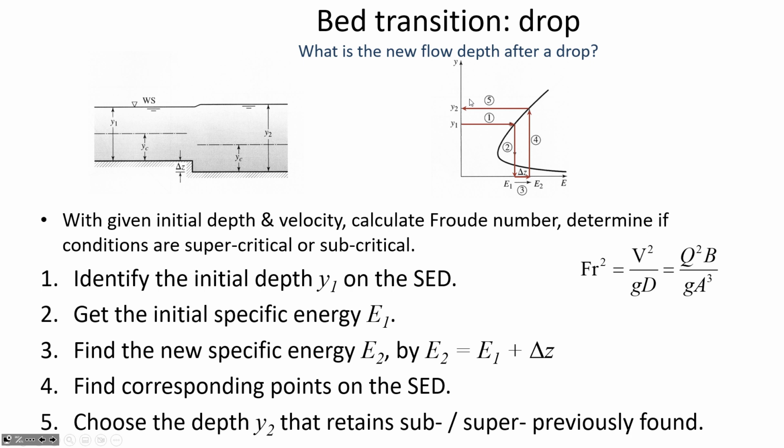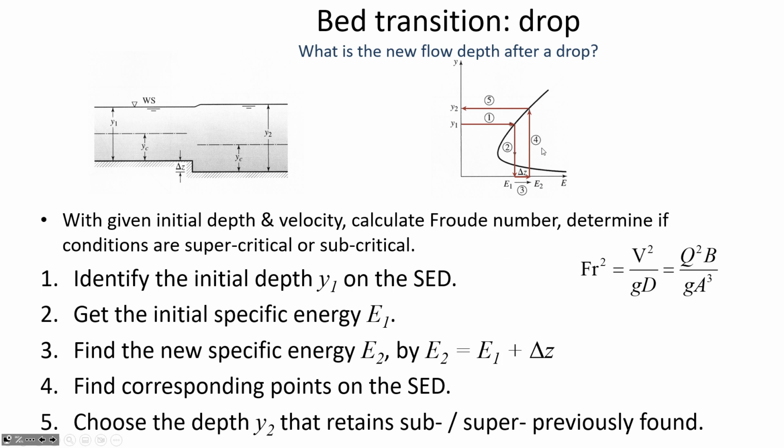So we could say that if we're trying to find Y2, we need to know how much energy there was at 1, add delta Z, and then solve for the new depth, because E2 is going to be Y2 plus V2 squared divided by 2g.